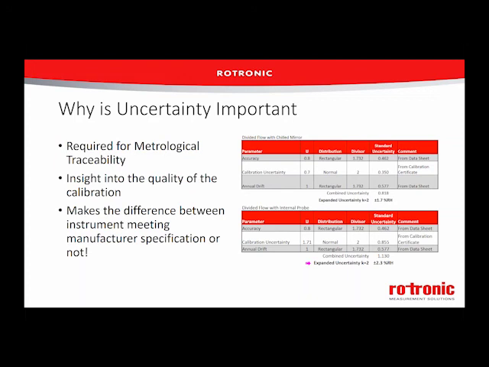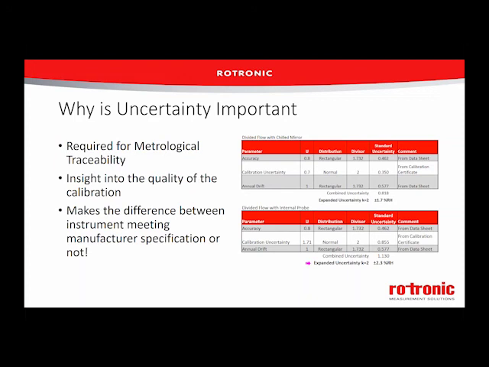And this is one of the things that comes into play a lot when people are talking about their humidity measurements not being reliable, or having issues with their humidity instruments being out of tolerance on a regular basis. Quite often, people are not looking at what the calibration uncertainty is and what impact that has on the overall instrument performance.